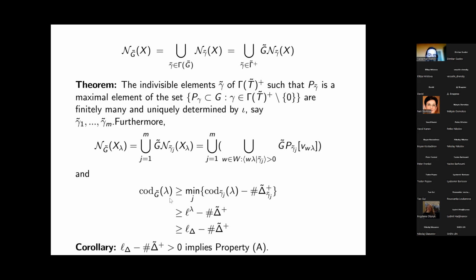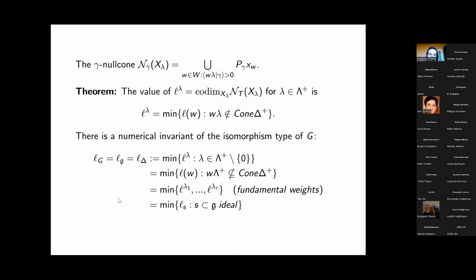And now we have this general bound, that the codimension of this null cone here is equal to the minimum of these codimensions, and then I have to subtract the positive roots as I had in the inequalities before. And then by just dominating these individual ones with L lambda, which was the codimension for T, the torus of our group G. And this L delta is defined here.